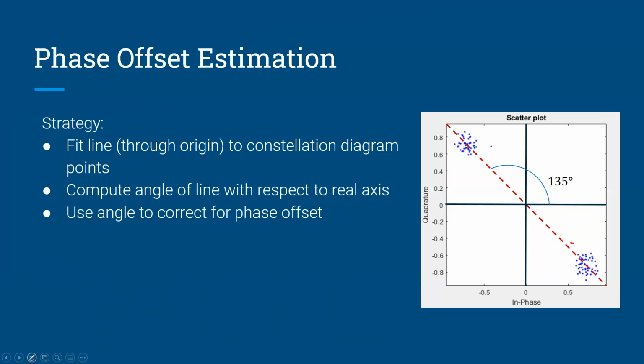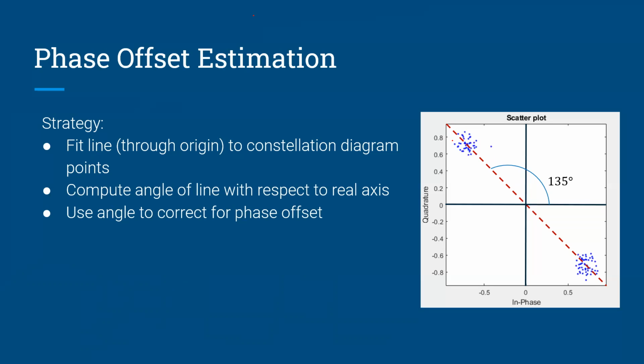All right. So on to phase offset. This one is, I think, fairly straightforward. The simple strategy is you have your two BPSK points.